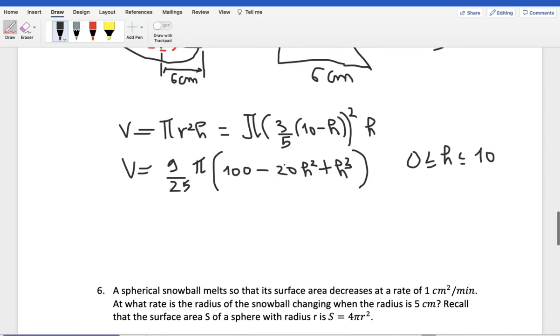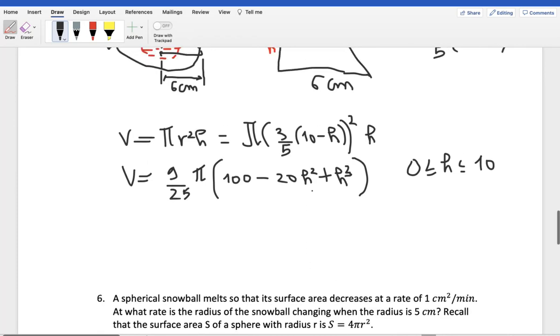Right, so we have the volume in terms of the height. Oh, obviously I made a mistake here, sorry, it's supposed to be 100h.